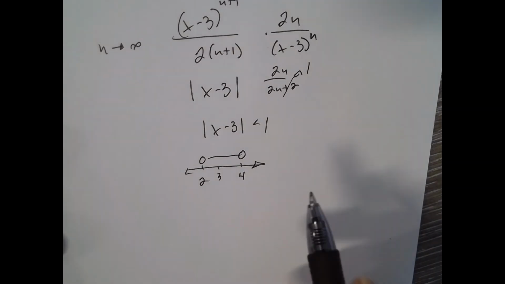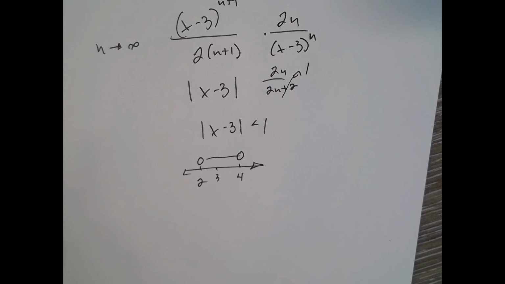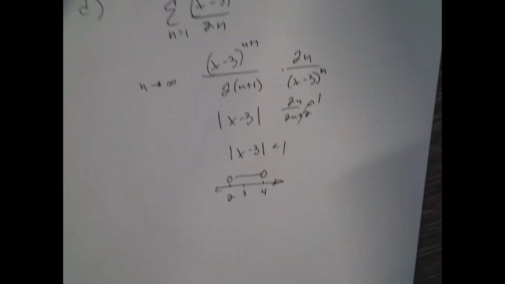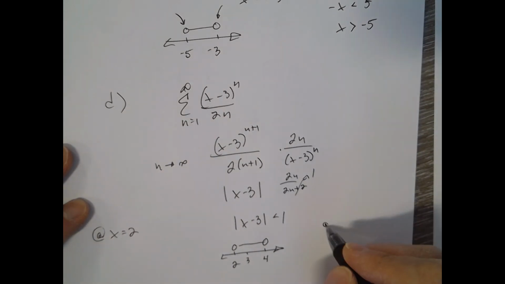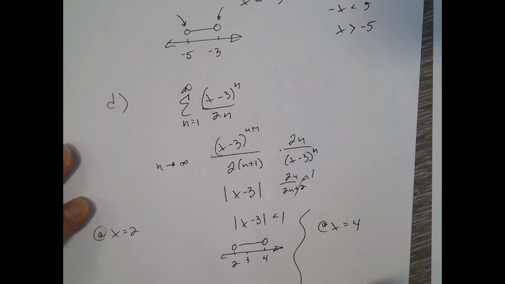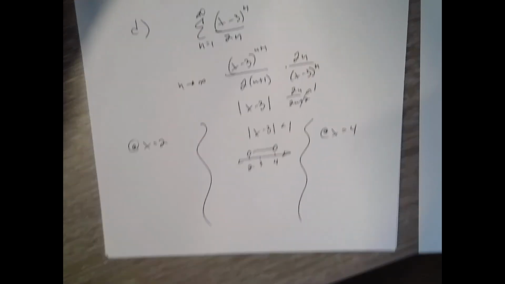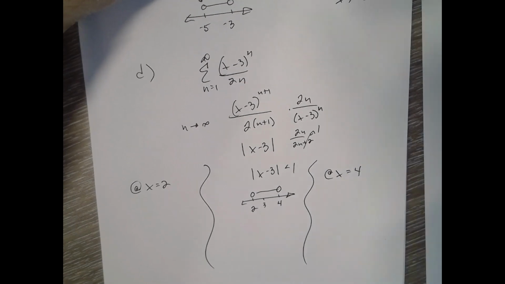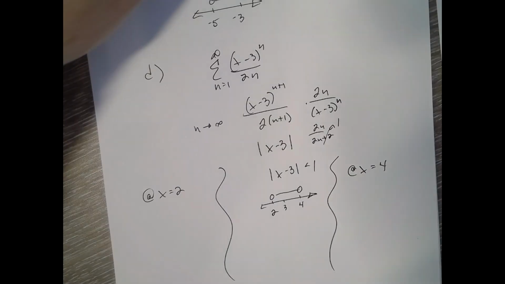Okay, so from 2 to 4 is my initial interval of convergence. So we're going to plug in at x equals 2 and at x equals 4. We're going to do like sub-problems here. So far we haven't done anything different. All we have to do is check endpoints.